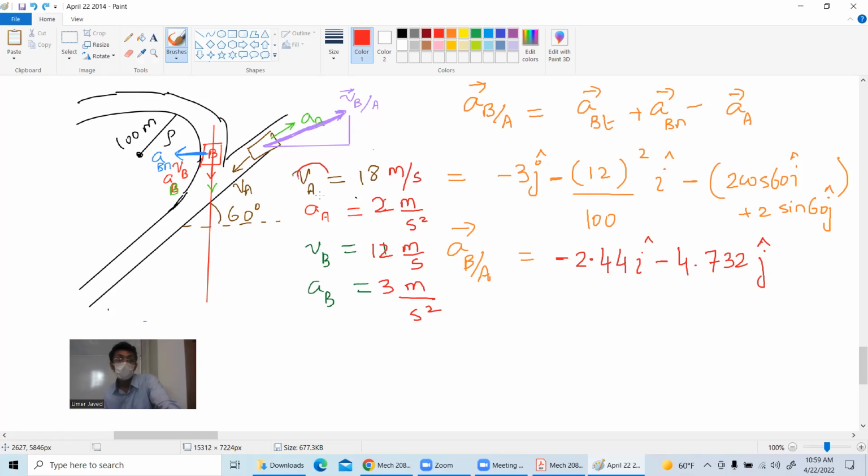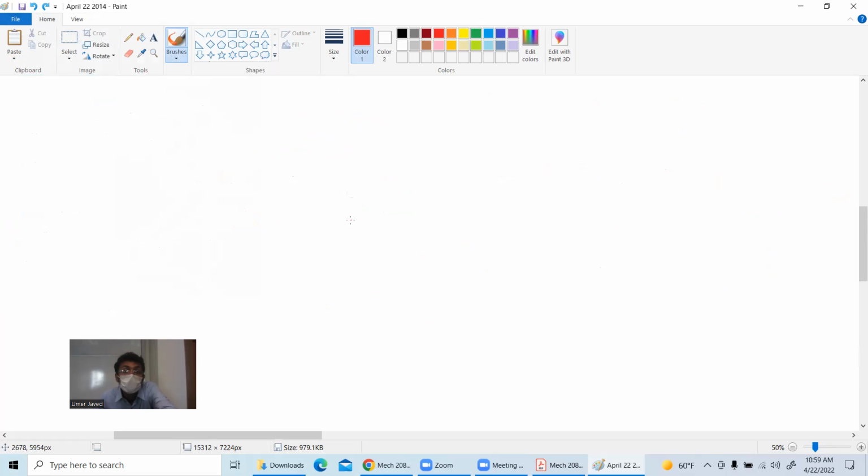So since the car A has a higher velocity, this car appears to be coming towards this car in this particular direction. Okay, left and right, but I think we have finished this question.